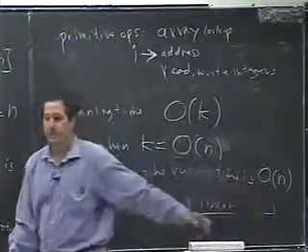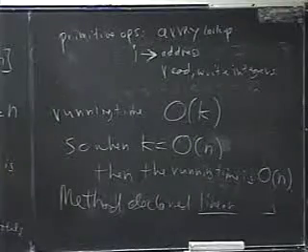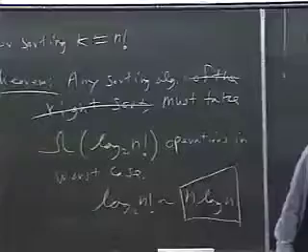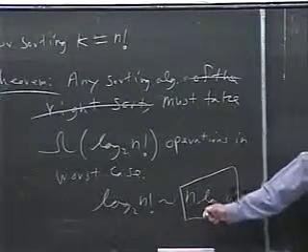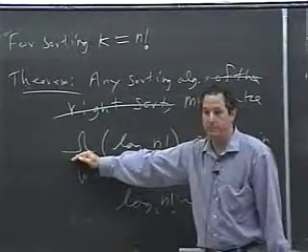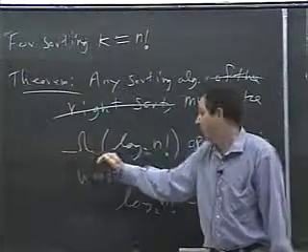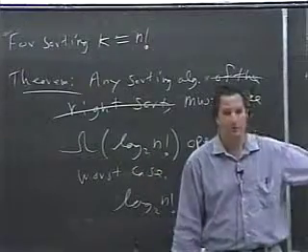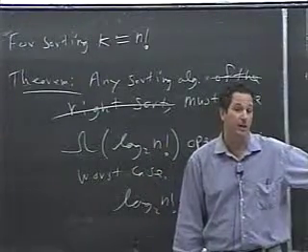Okay? Now, does that violate this? Well, it seems to contradict it anyway. This is bigger. Remember, this is an omega. This is supposed to grow at least as fast as n log n. And here you have something which is growing no faster than n. Yeah?